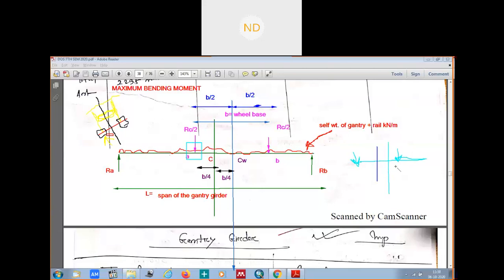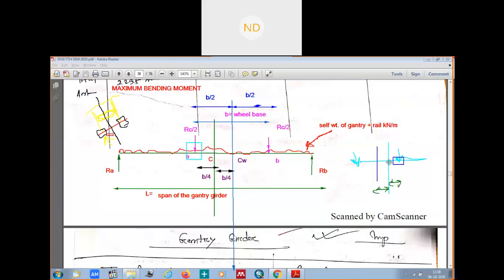So where will be your maximum bending moment? Your maximum bending moment is going to be here. Why? Because this distance from the CG of the gantry girder to the nearest wheel, and this distance, are the same.